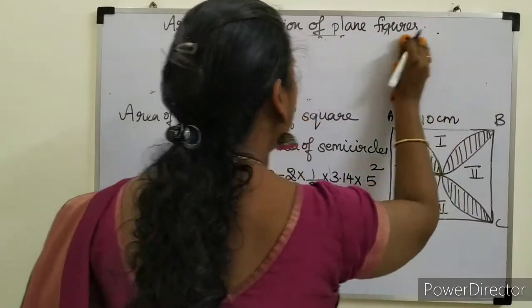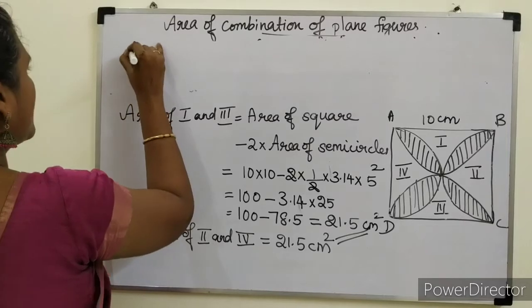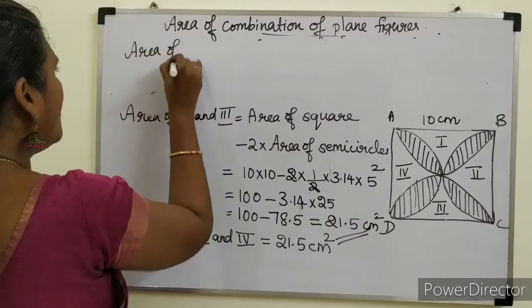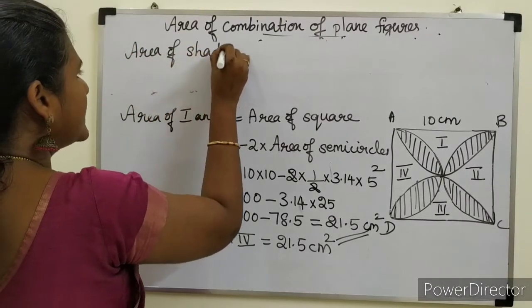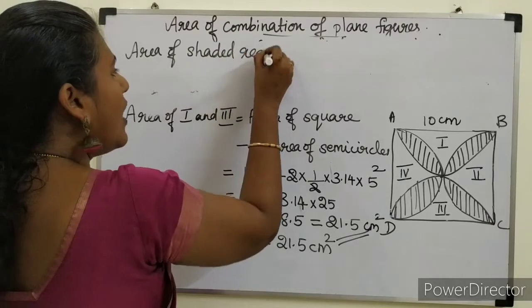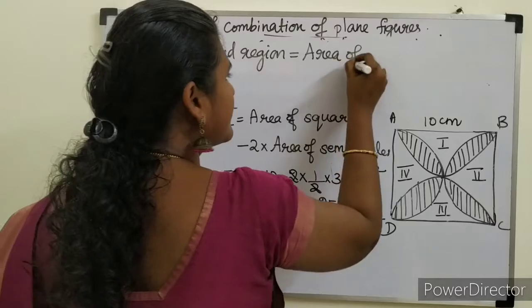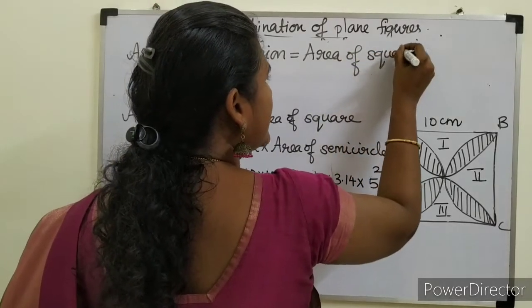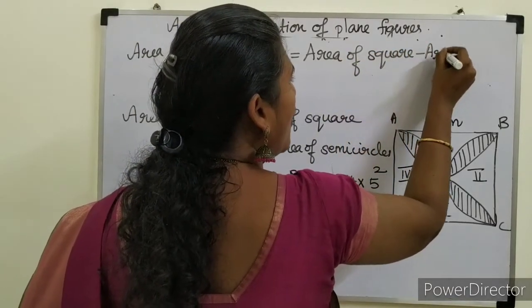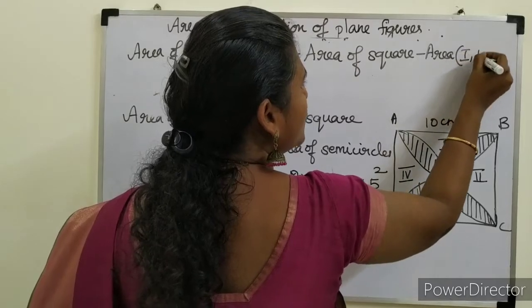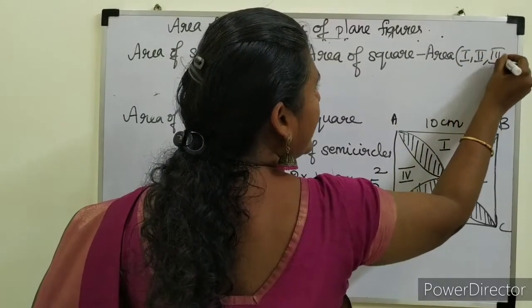So area of shaded region is equal to area of square minus area of all these four regions, that is 1, 2, 3 and 4.